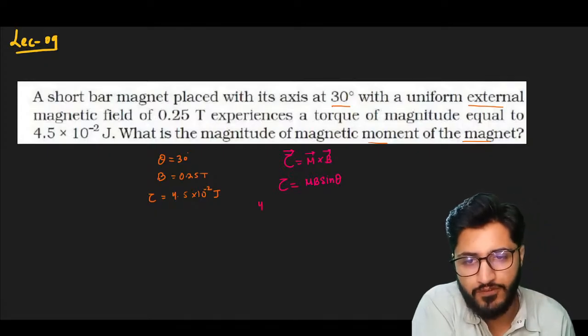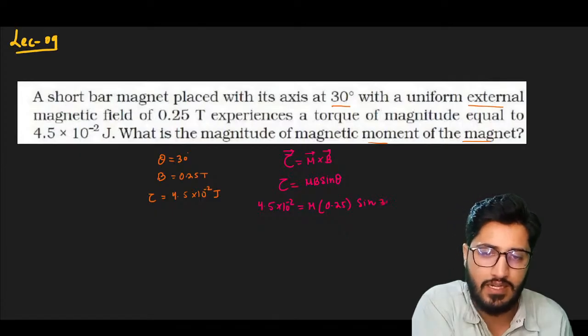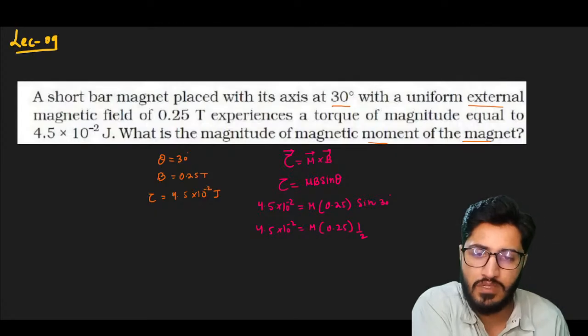What is torque? Tau is 4.5 times 10 to the power minus 2. We need to find this m. And B is 0.25 Tesla. Then we have sine 30 degrees, so I can write 4.5 times 10 to the power minus 2 equals m times 0.25 and sine 30 is 1 by 2. Therefore, my m came out to be 4.5 times 10 to the power minus 2 multiplied by 2 whole divided by 0.25.